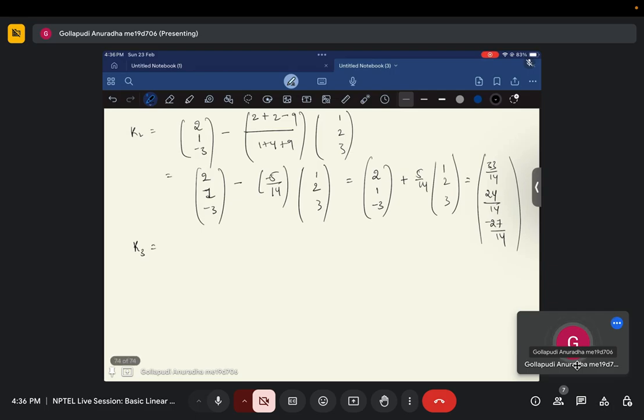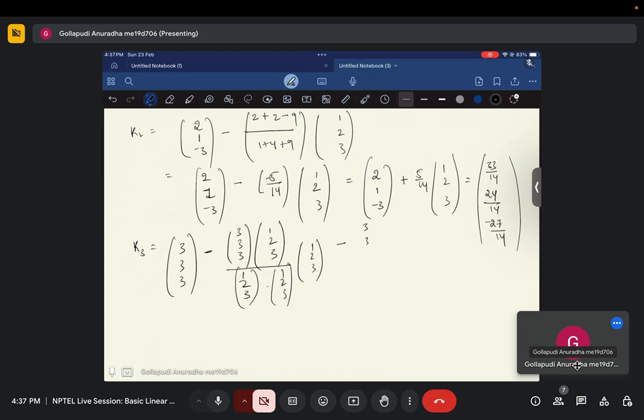Now for the third vector 3, 3, 3, you will remove the first one, dot product, okay.